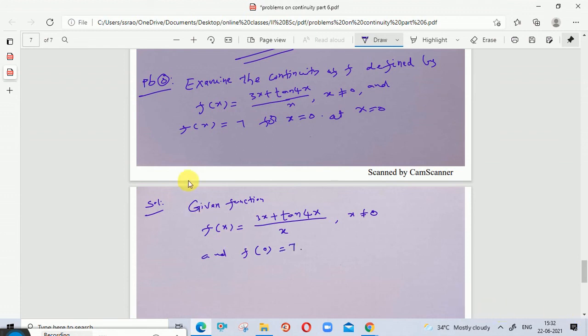Here f of x is equal to 7 for x is 0, so if we put 0 in the x place, f of 0 is equal to 7.